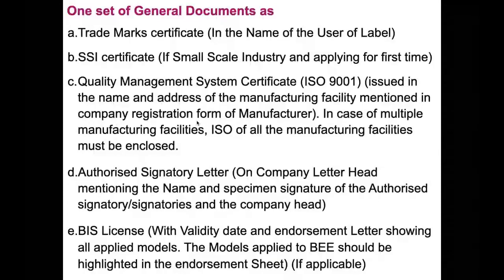mentioned in the company registration from that manufacturer. In case of multiple manufacturing facilities, the ISO of all the manufacturing facilities must be enclosed with the same. Another is an authorized signature letter on the company letterhead mentioning the name and specimen signature of the authorized signatories and the head of the company. And the BIS license is also important, with the validity date and endorsement letter showing all applied models.